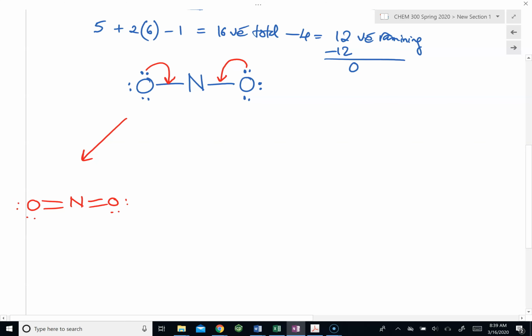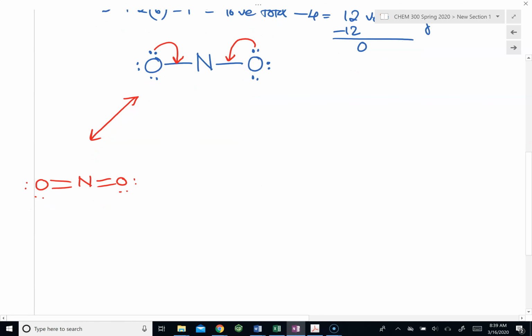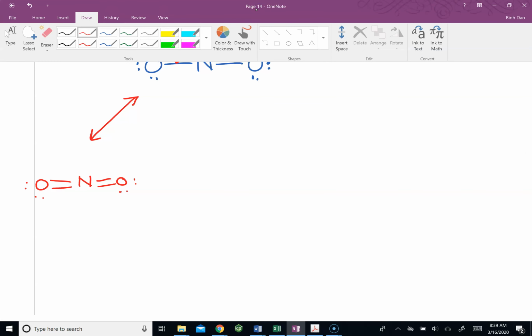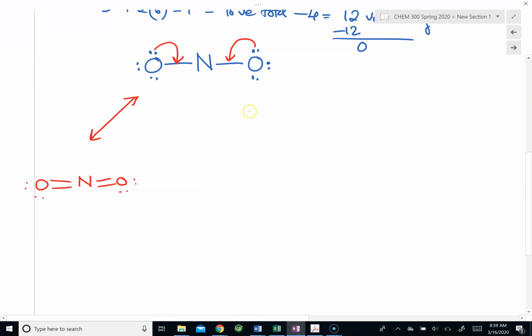Anytime that we are showing resonance structures, we draw this double-headed arrow right here. So this structure will be one of the resonance structures. The other resonance structure is the other way that we can move the lone pairs of electrons to give the octet to the central nitrogen.